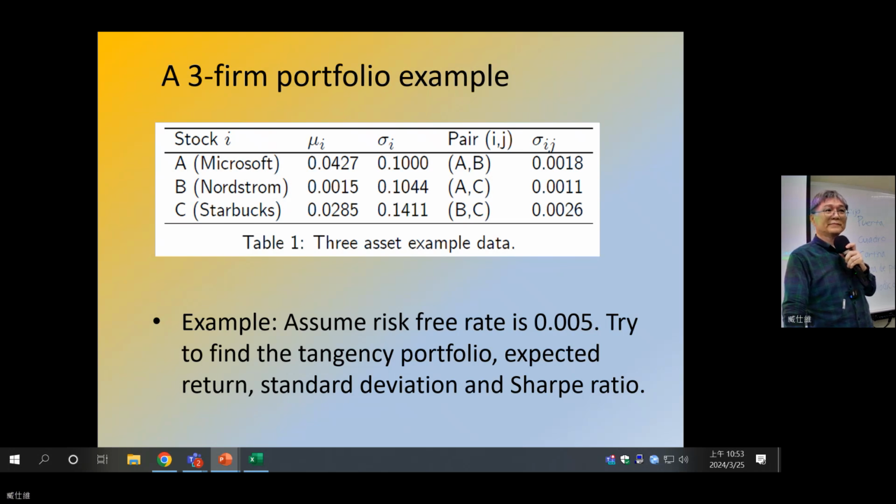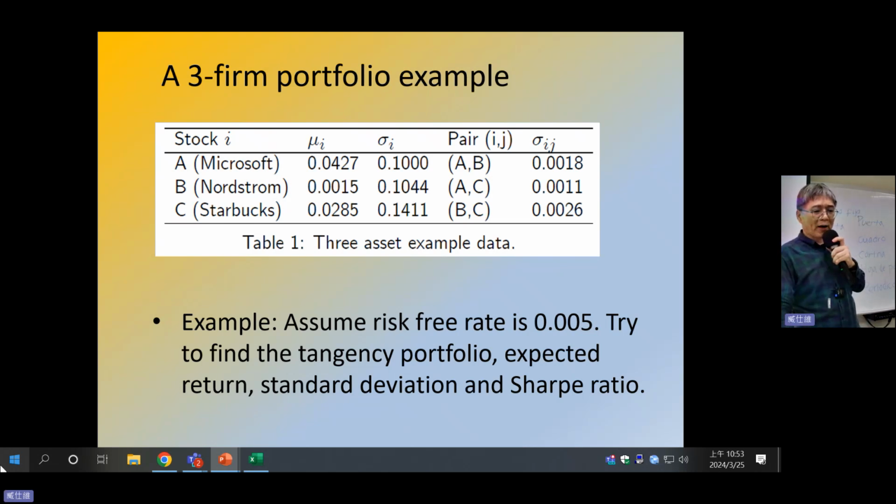Okay, so how to do that? Based on the equation we just learned. Okay, so now we have a risk-free rate. So the question is to find the tangency portfolio.